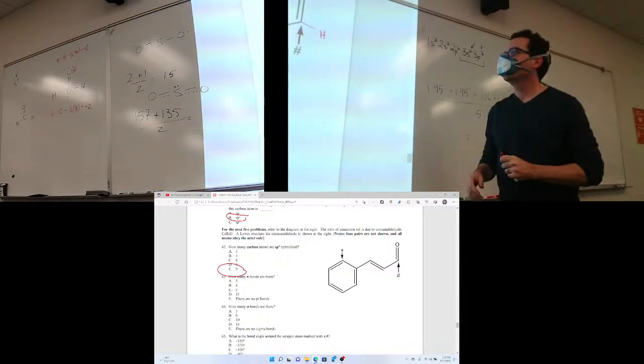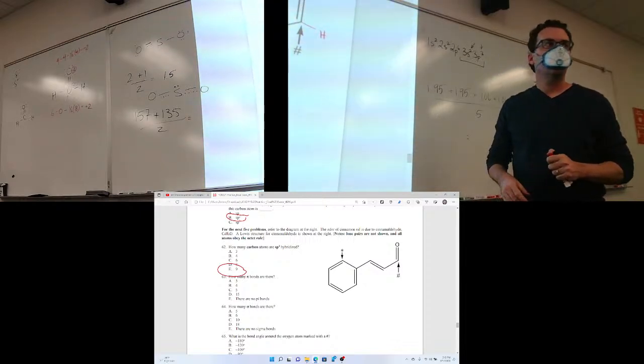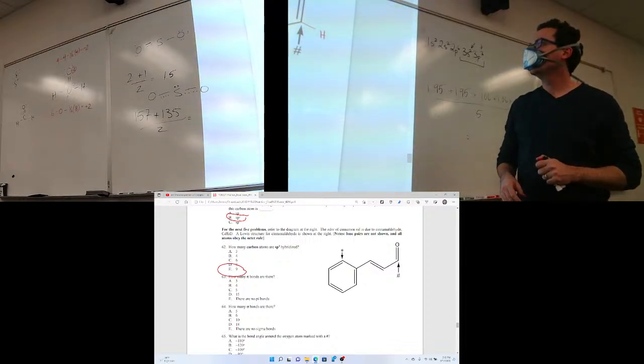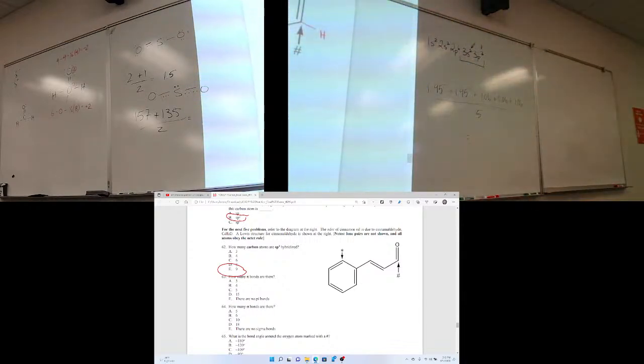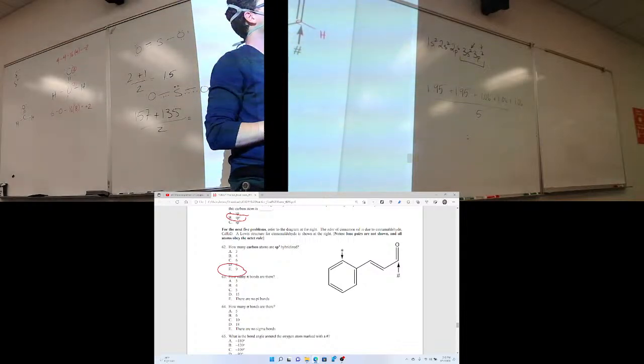carbons. Do you just imagine the Lewis structure and that's how you determine the shape? Yeah, we can even draw in all the carbons. There are 9 carbons, and it's a coincidence, but all 9 carbons are trigonal planar too. How did you know?